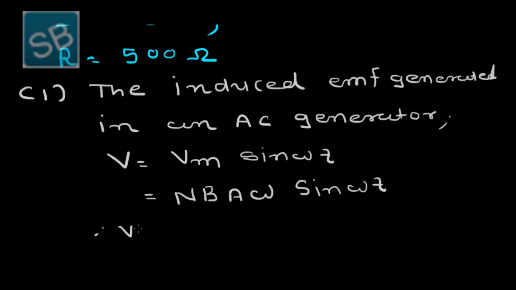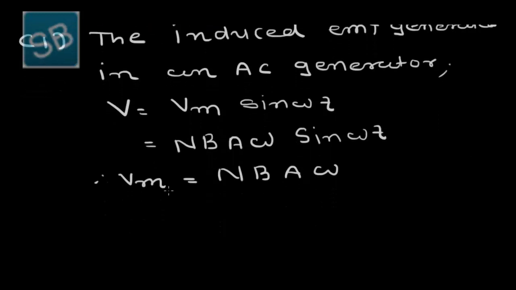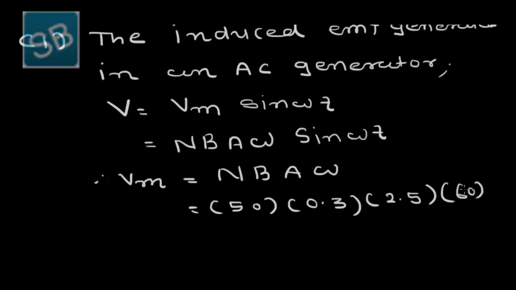Therefore, the maximum induced EMF is given by NBA omega. We have all these values. N is equals to 50, B is 0.3 Tesla, A is 2.5 and omega is 60.